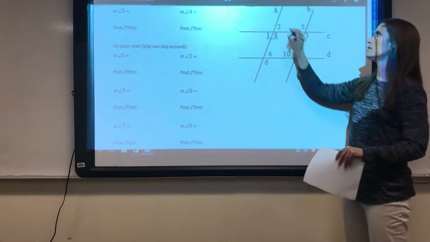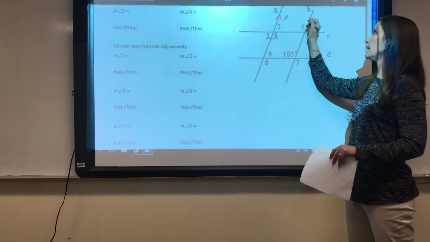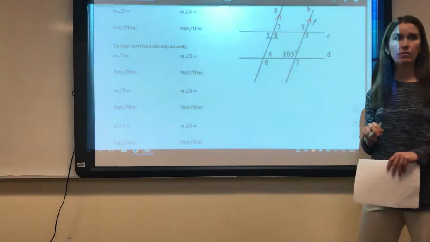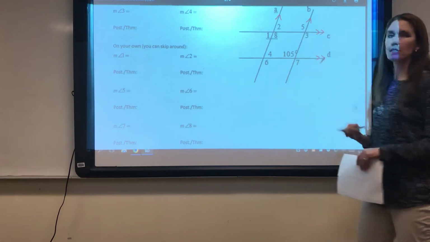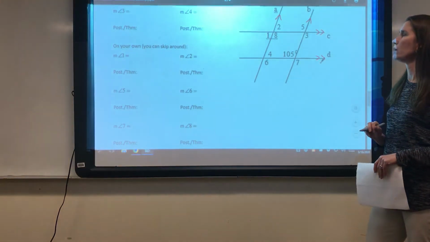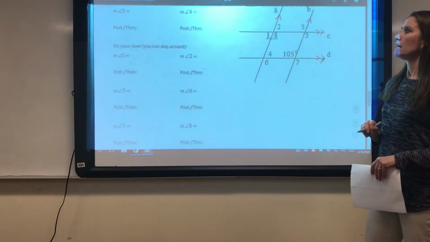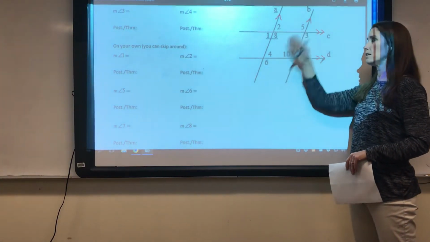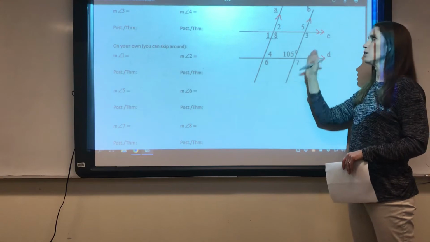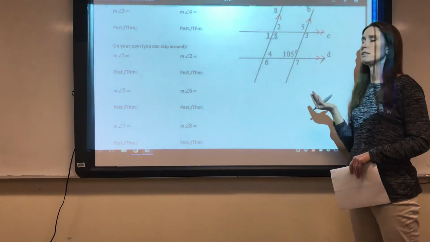Since line A is parallel to B and C is parallel to D, it's helpful to mark that on your picture. They tell us this angle is 105, and based on these lines being parallel and knowing this one angle, we can figure out all the other missing angles.